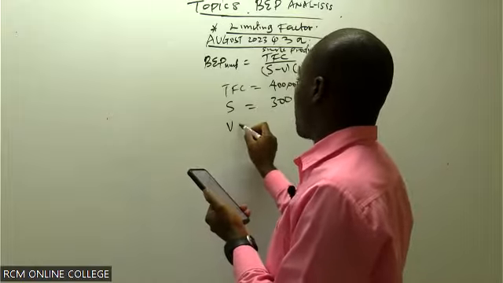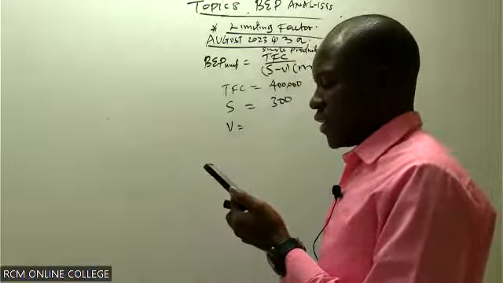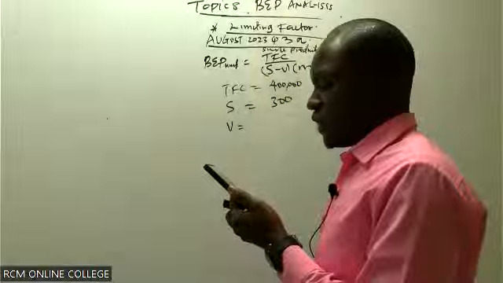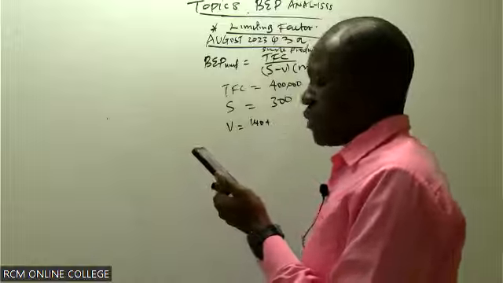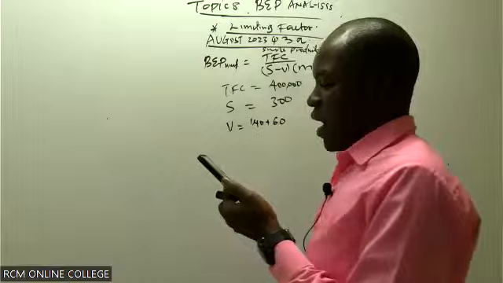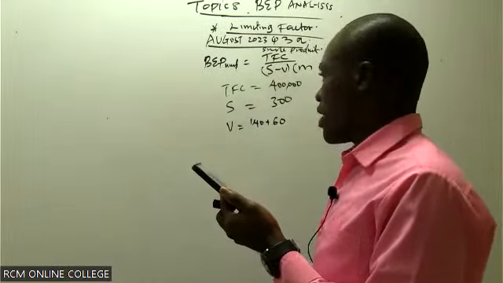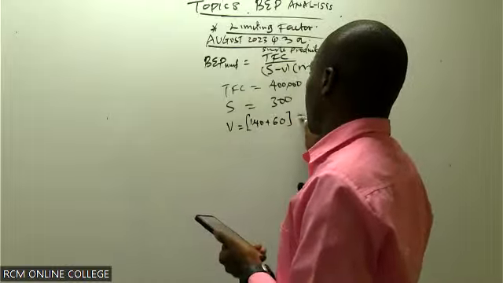Our variable cost per unit of that service, that is salon, I'm able to see variable material costs of 140. I'm able to see variable labor cost of 60. And do we have any other variable cost that we are leaving out?